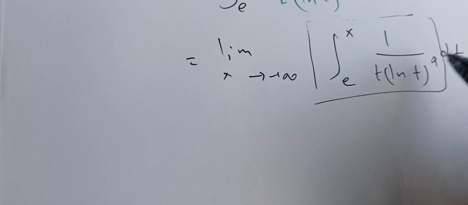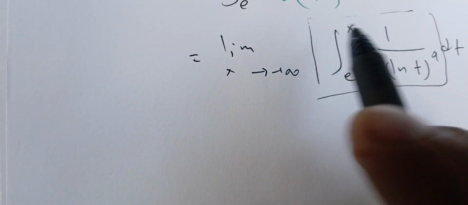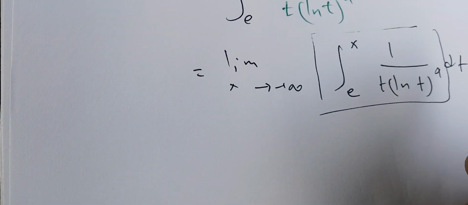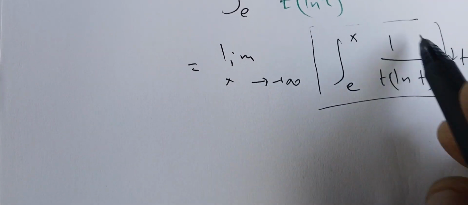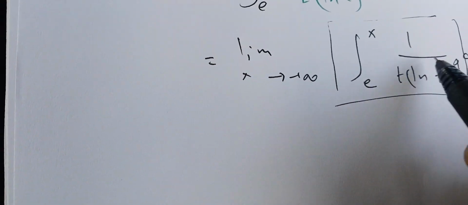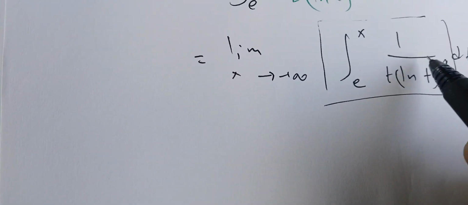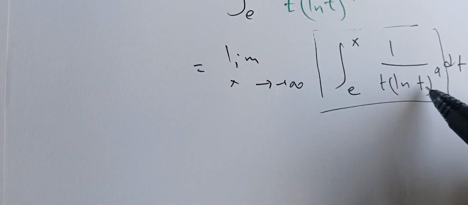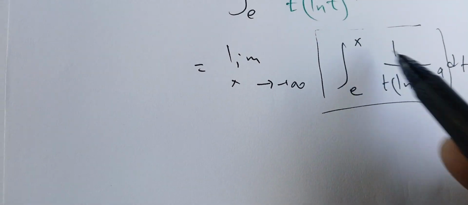This integral exists for all x bigger than e, because it's a definite integral. Moreover, we can compute the primitive of this one, even if it looks different. We can use a change of variable, y is ln of t, and we can quickly get this.